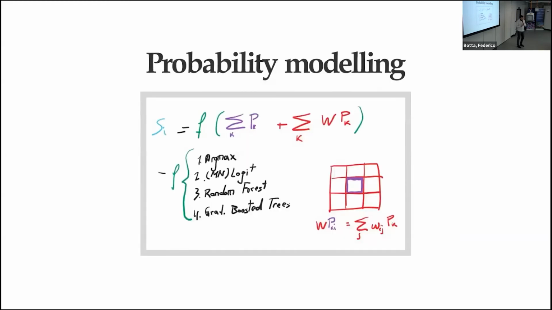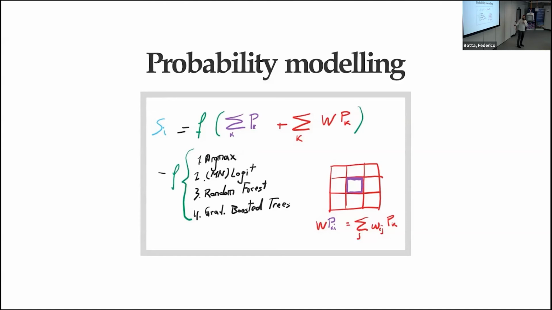And the one final layer on top we are playing with is probability modeling. As soon as you get the probabilities coming from the neural network, those are for individual chips. We are playing with the idea of training another layer of machine learning model on top of that.